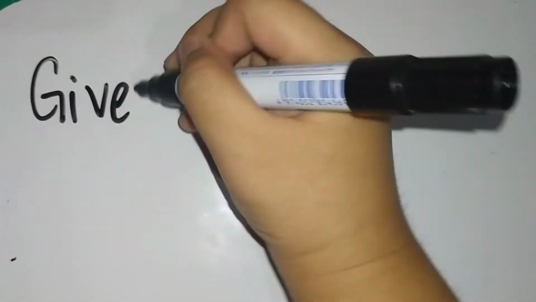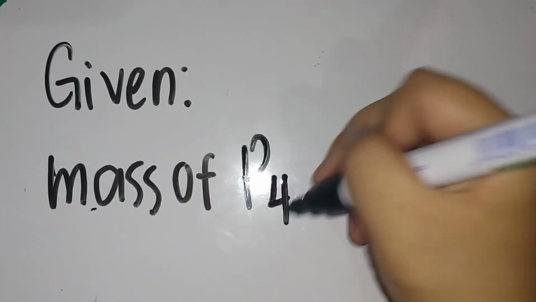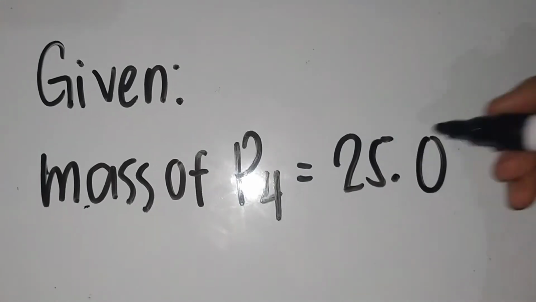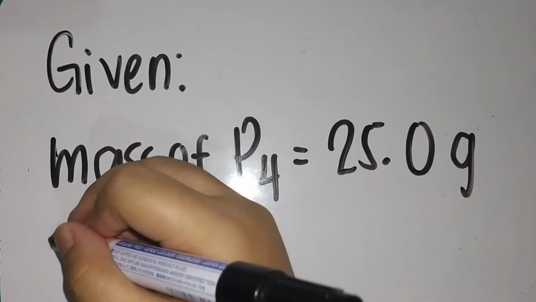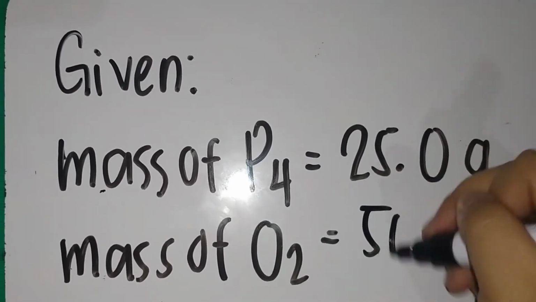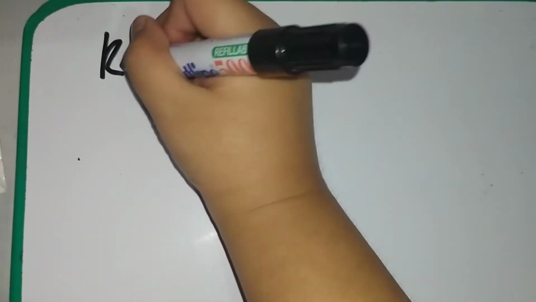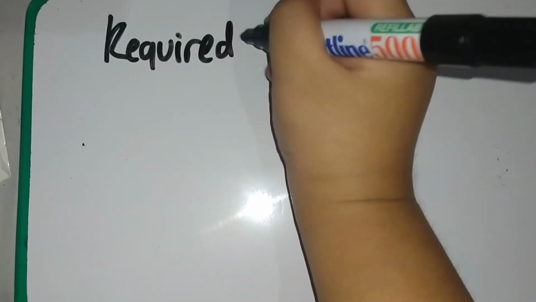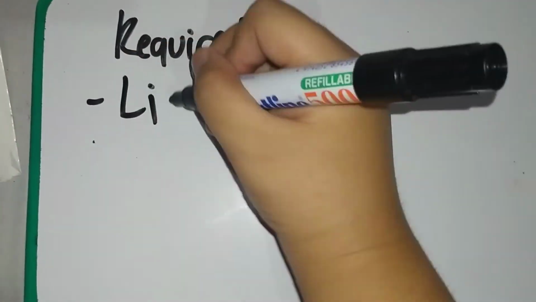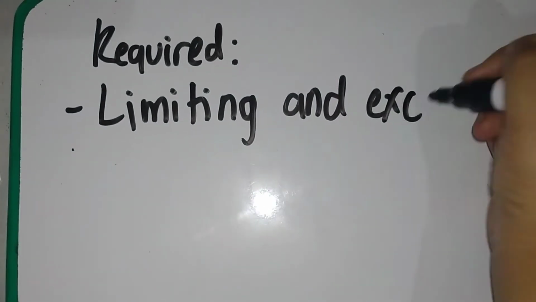Here are the given. The mass of phosphorus is equal to 25.0 grams, and the mass of oxygen is equal to 50.0 grams. For the required or the unknown in the given problem, we need to find first the limiting and excess reactant.